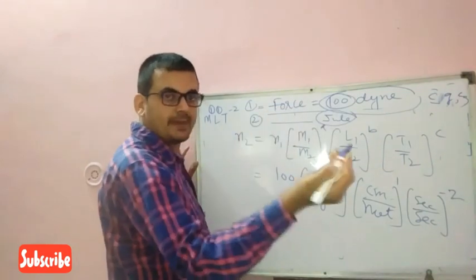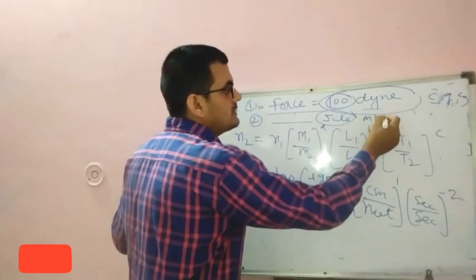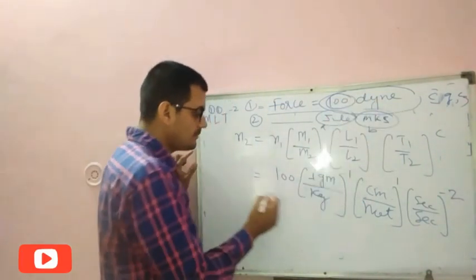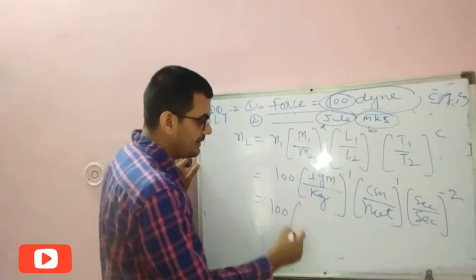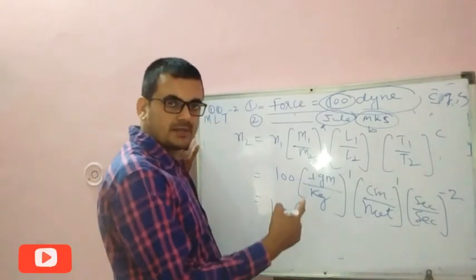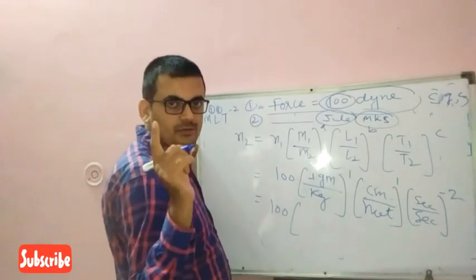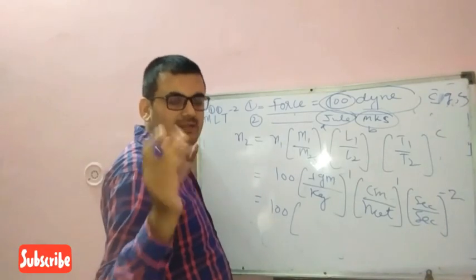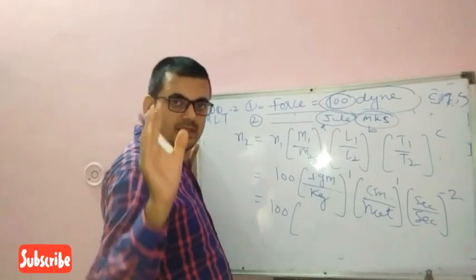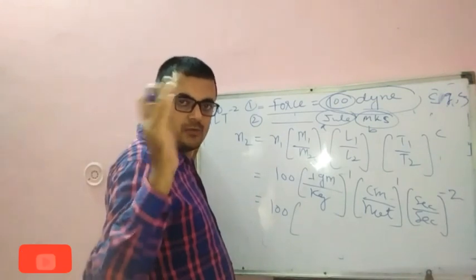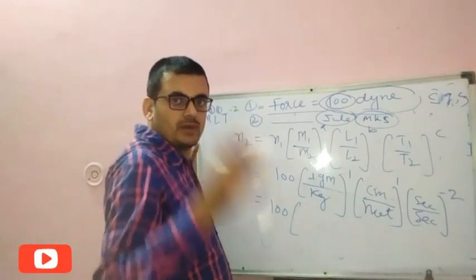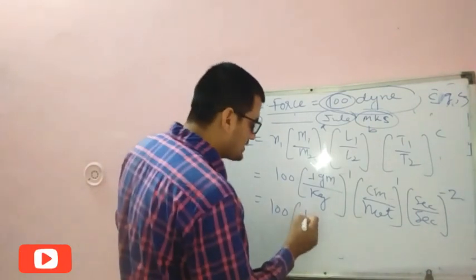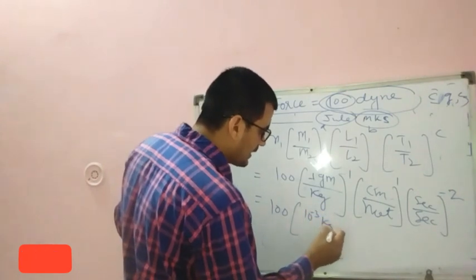Joule means the MKS system. Now, in 1 kilogram there are 1000 gram, or in 1 gram there is 1 upon 1000 kilogram, meaning 10 to the power minus 3 kg.